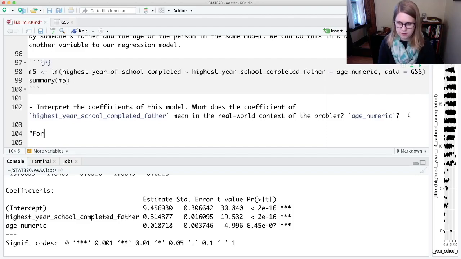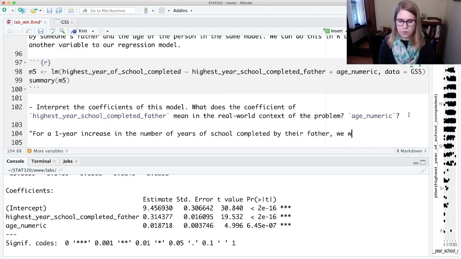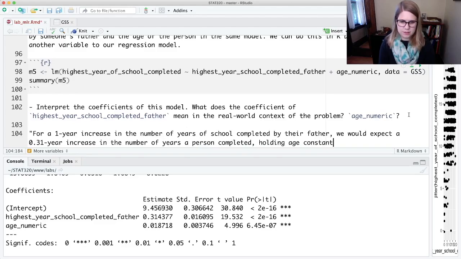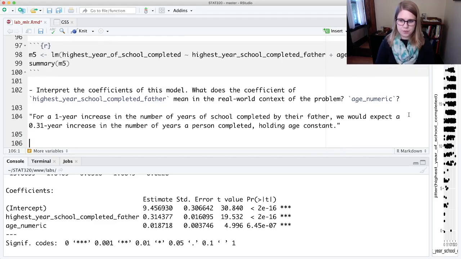Okay, so let's see. For a 1-year increase in the number of years of school completed by their father, we would expect a 0.31 year increase in the number of years a person completed, holding age constant. And then the same kind of thing for age.